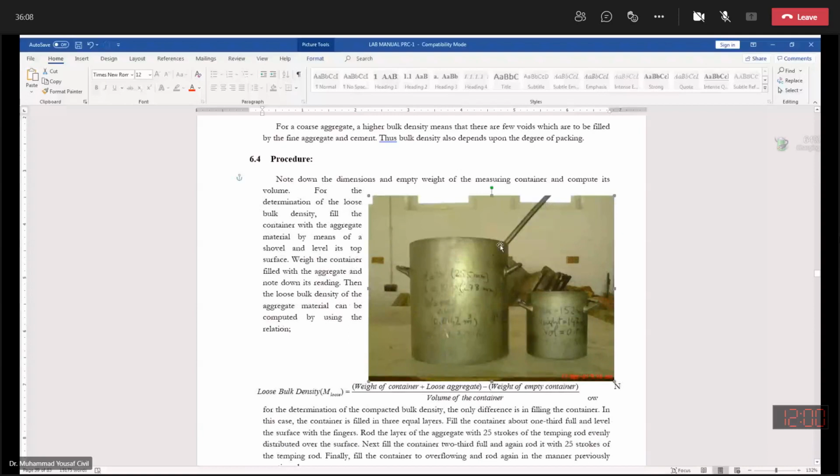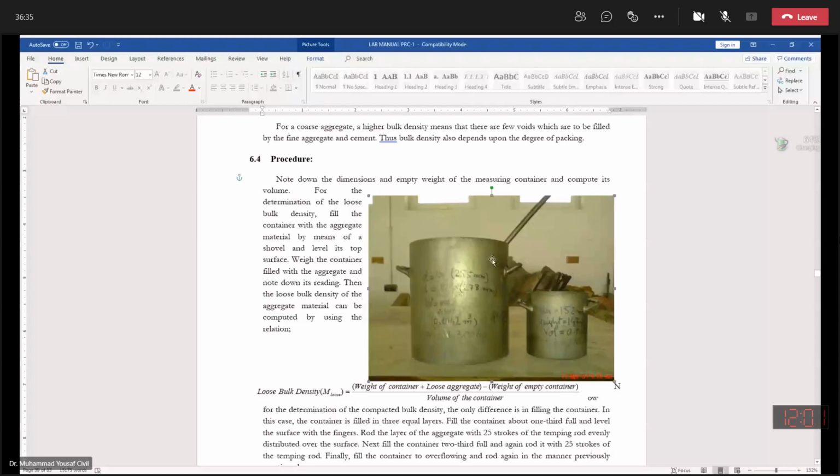You will fill the first layer. Then, keeping this mold in contact with the base on the table or on the floor, the left side may be lifted up and it will show some tilting in this direction.